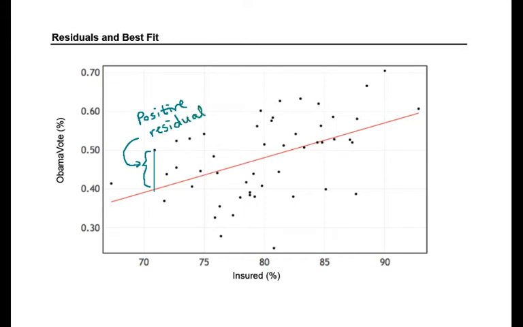Whereas down here, if we look at this point, we can see it's below the graph, and therefore it has a negative residual. Looking at this, we can see the largest positive and the largest negative residuals.